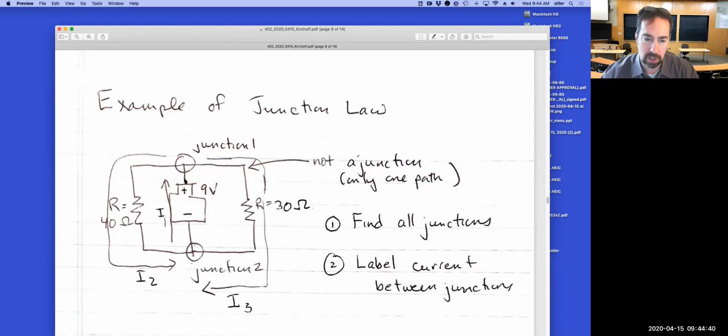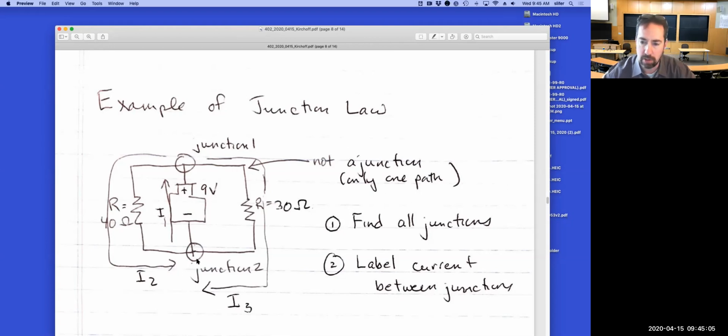Here is a junction in the sense that I have a current I1 flowing in this direction, and that I1 now splits. So this is our first junction. That current splits into I3 on this wing and I2 on this wing, and then joins back up again on this junction right here. So our two actual junctions are here and there.